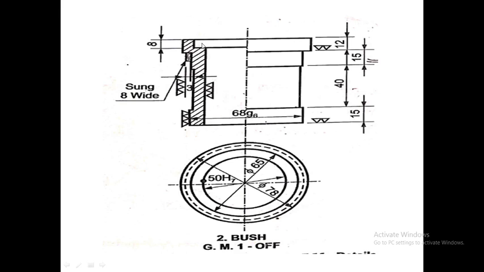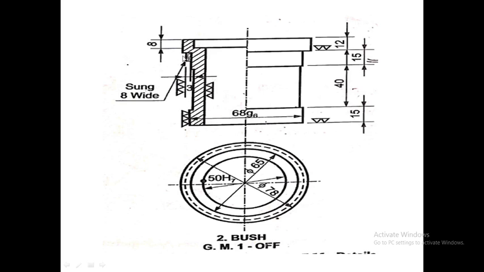So we can conclude that the diameter of this portion is equal to 65, which is the same as the diameter of the hole. So we have identified all the diameters, we have identified the height also.